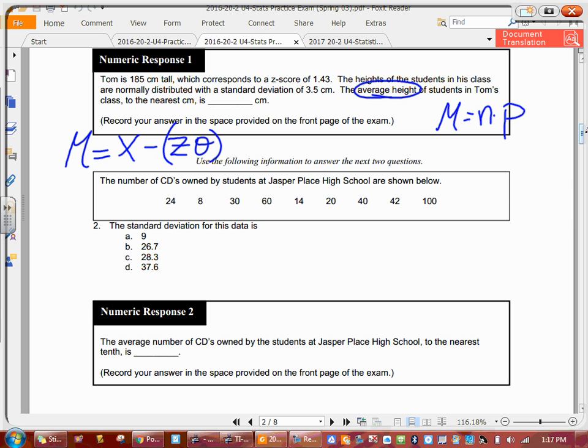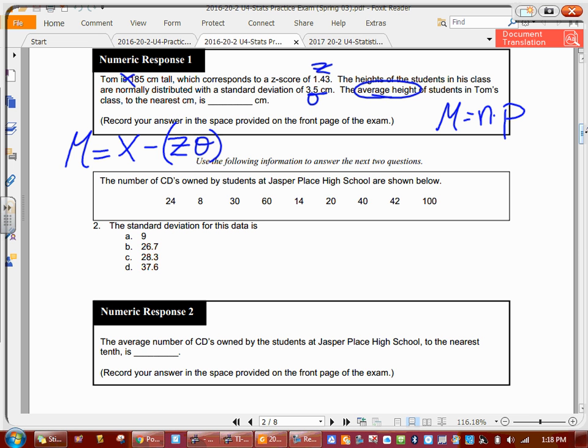Depending on the information they give you. Did they give me an n number and a probability number? No, they didn't give me a total of anything. They didn't tell me how many kids were in the class, and they didn't tell me the probability of anything. They told me a Z number, a standard deviation, and his X number. So since I know an X number, a standard deviation, and a Z number, I have 3 out of the 4 numbers I need to solve. That's why I'm using this one.